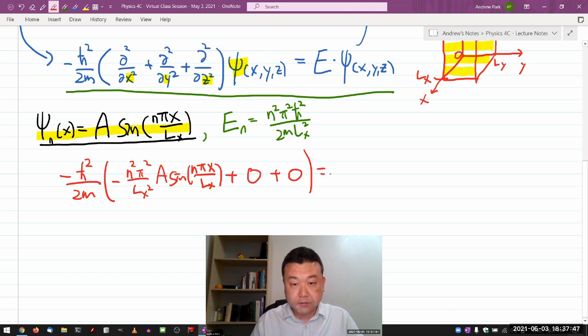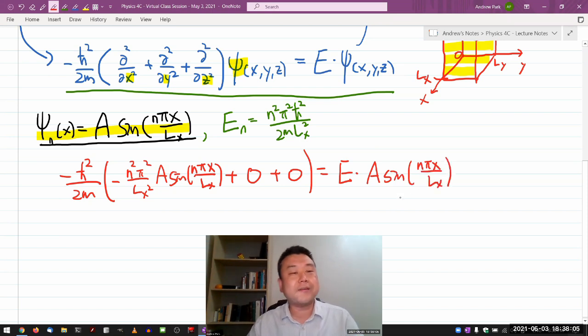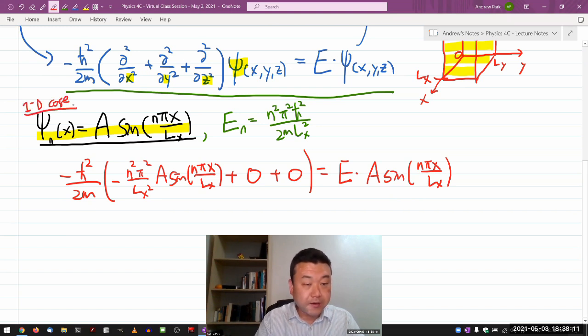So you write down the right-hand side, E times psi of x, y, z, technically just psi of x, A times sine of n pi x over Lx. So you think, hey, this looks exactly like my one-dimensional case that I was looking at earlier. So it looks like it's all going to work.